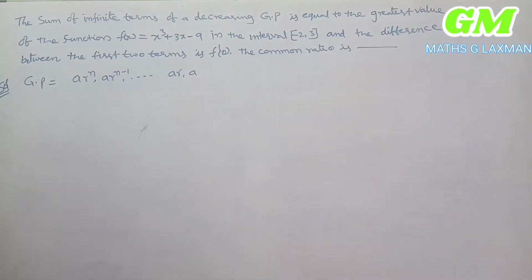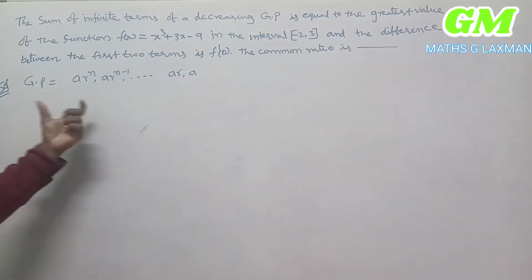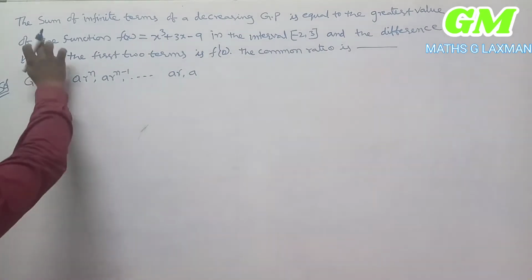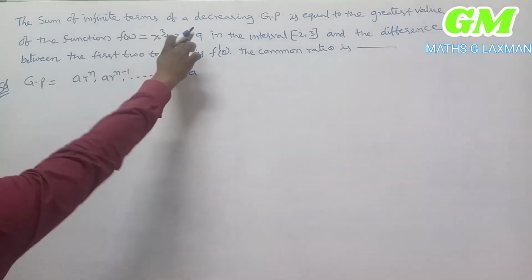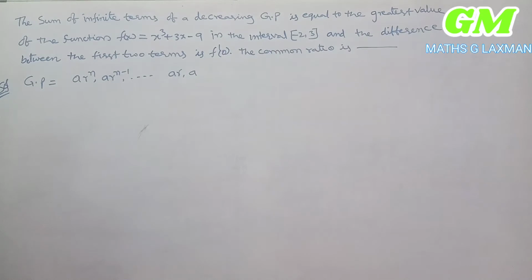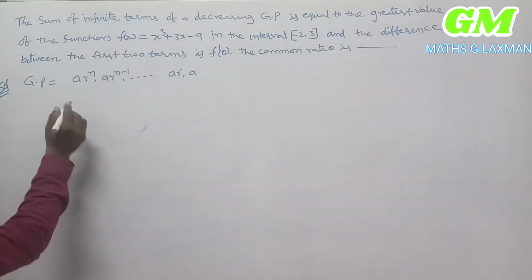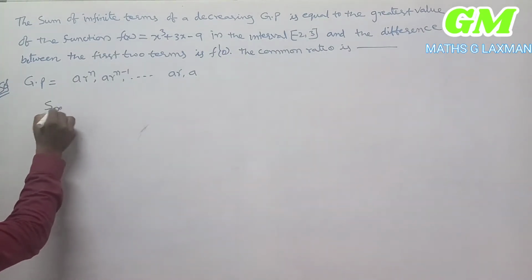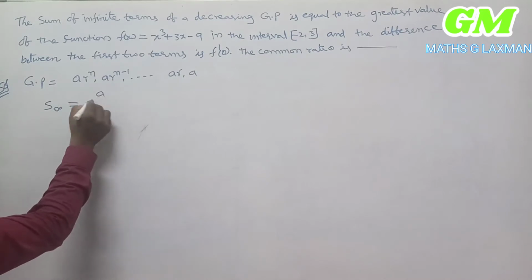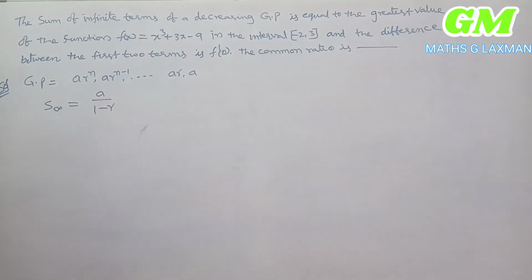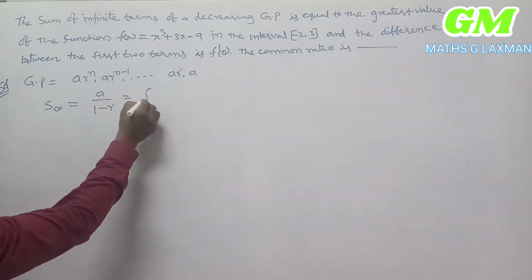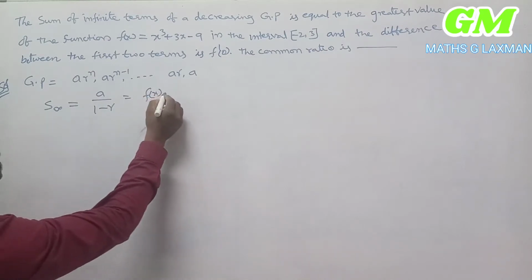So this is a decreasing sequence. In this, we have the sum of infinite terms of the decreasing GP. So S infinity is equal to a by 1 minus r, which is equal to f of x.